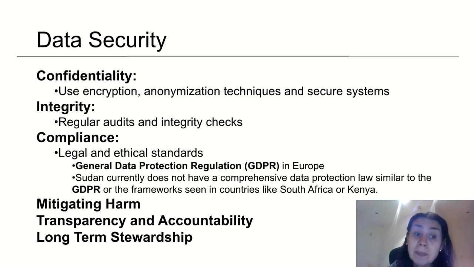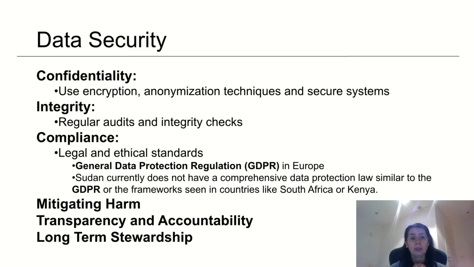I have checked, and I am not aware, from what I could find, that there is such a comprehensive data protection law in Sudan, but there are some in East Africa, there are some in East and South Africa, in South Africa and Kenya, and I am assuming that soon there will be also for Sudan some general rules.